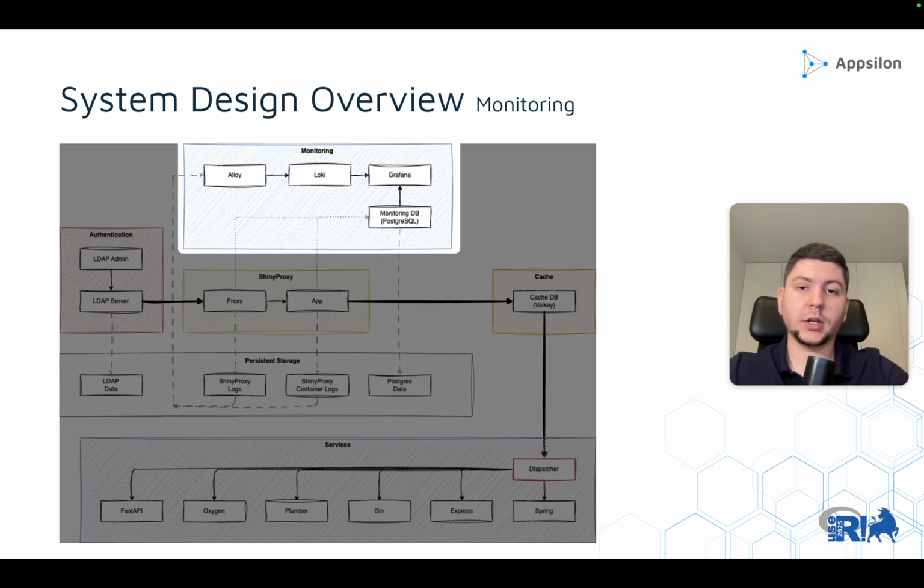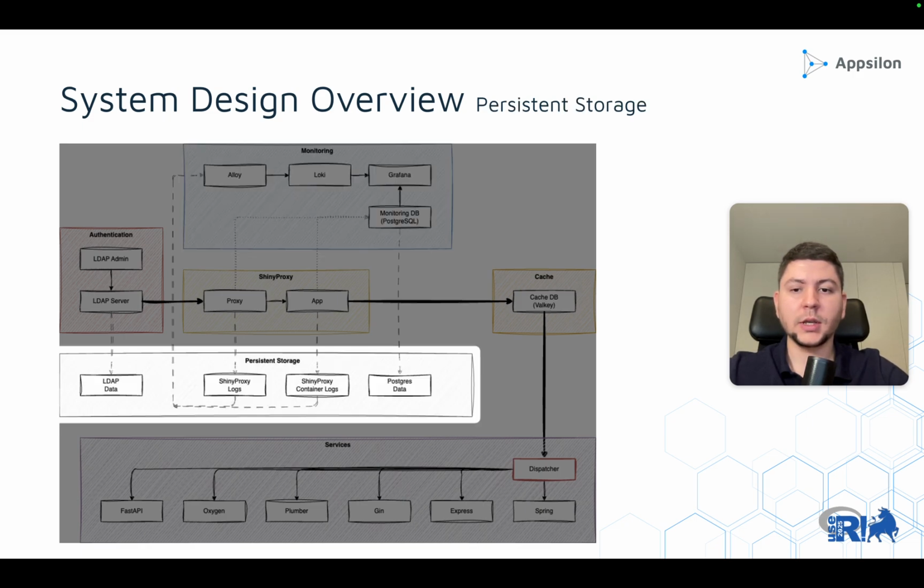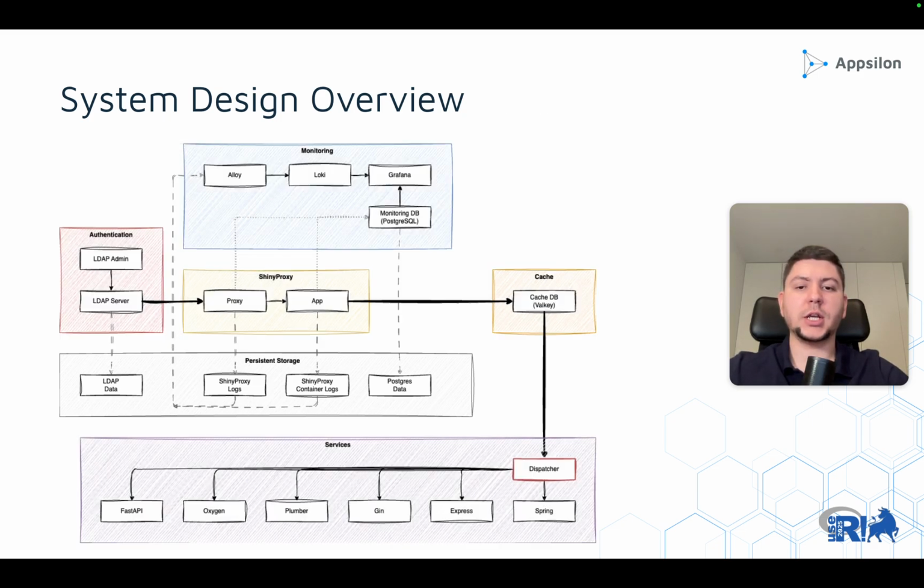I hope you will find it very useful. And here we have the persistent storage. It's not really a domain, it's just a reminder that we have some data flows and some items that are persistent on the disk of a host system where we run the Docker containers, which are mounted through Docker volumes.